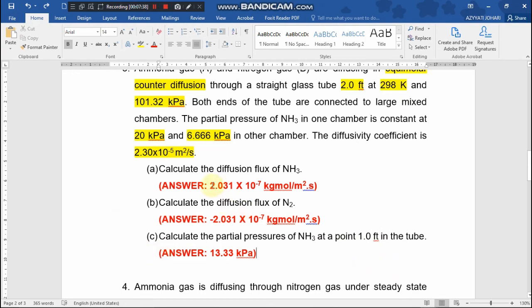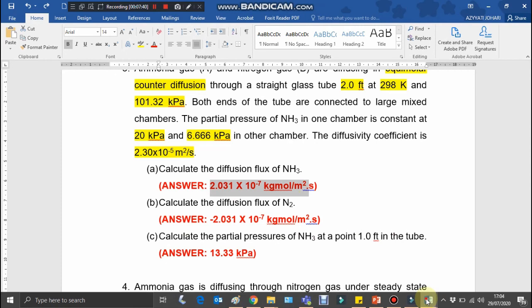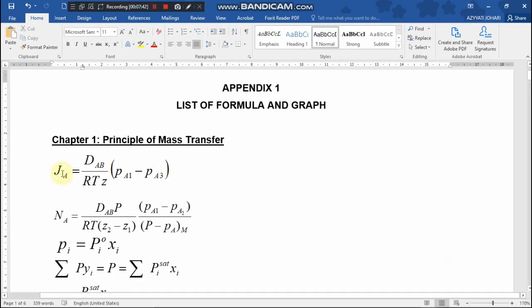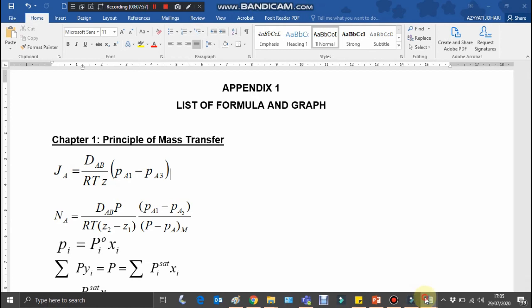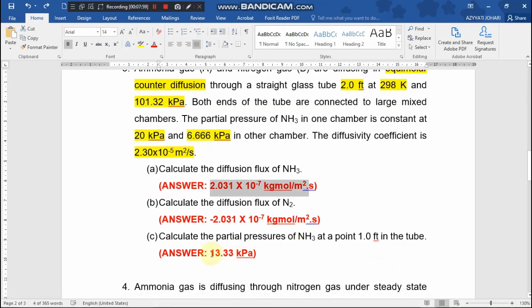So you can use this value to substitute into this JA equation to find out the value for PA3. The rest of it the question already gives you the information. And finally, you will get the value for PA3, which is 13.33 kPa.